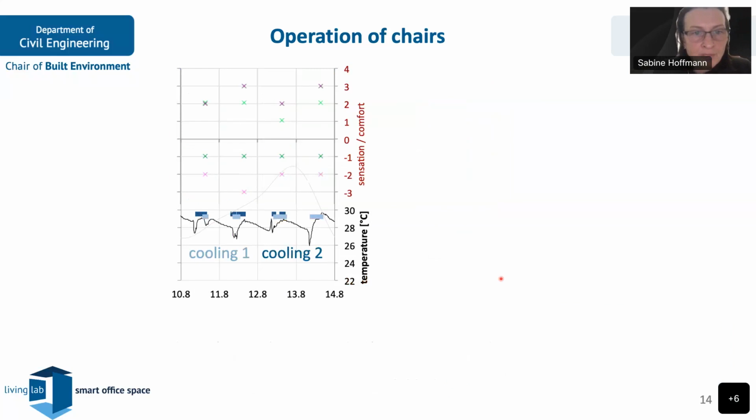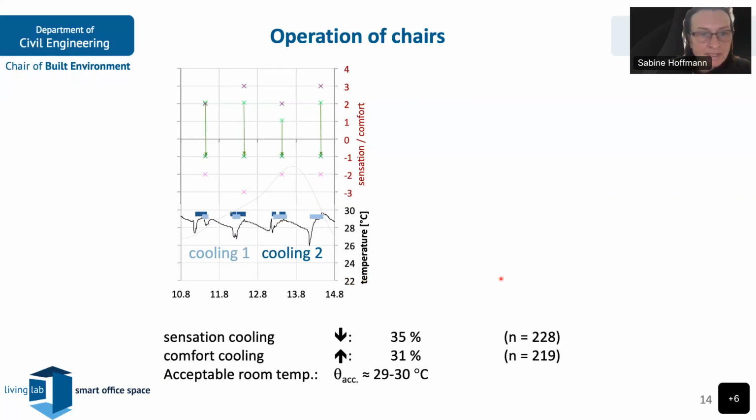Okay, very briefly, operation of chairs for the cooling mode. Here we expected a decrease of thermal sensation, and this participant also made clear that he felt cooler using the cooling function of the chair, and again, a very clear increase in thermal comfort.